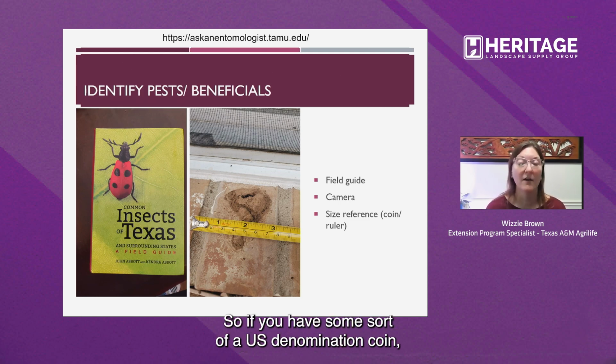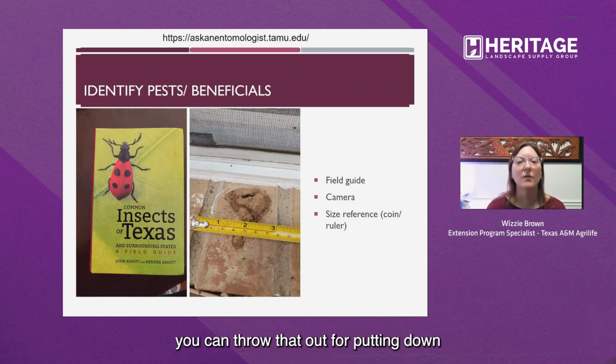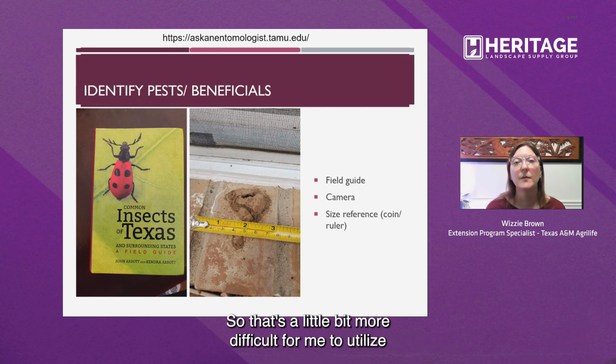So if you have some sort of a US denomination coin, you can put that down for a size reference. Your hand, I don't know how big that is. Pencils or pens or paper clips, those are all items that I don't know how large they are, so that's a little bit more difficult for me to utilize as a size reference.